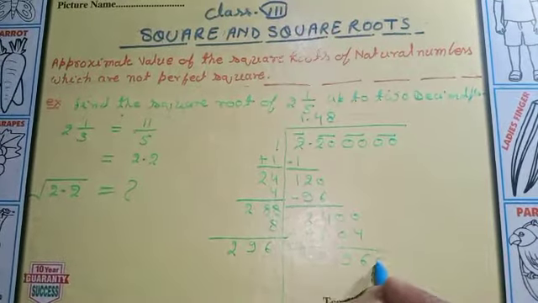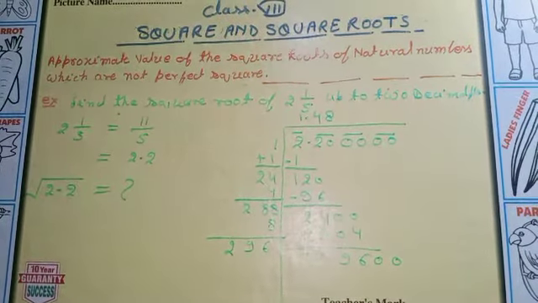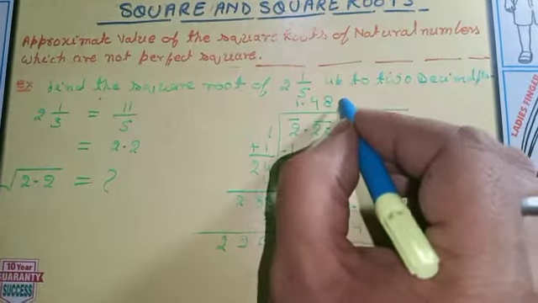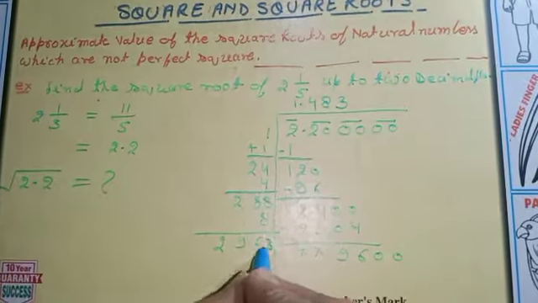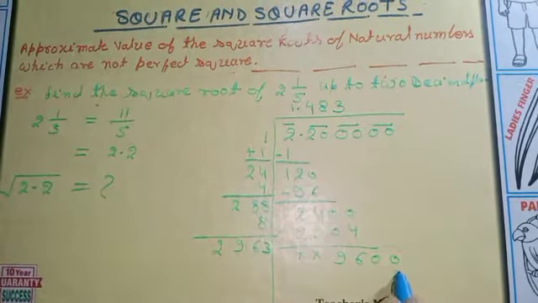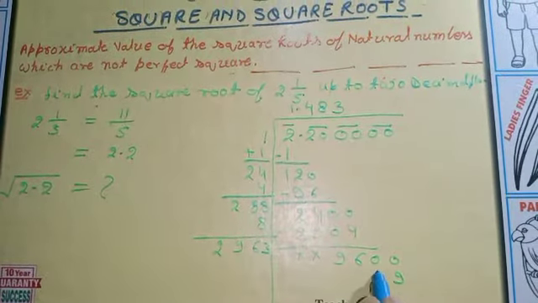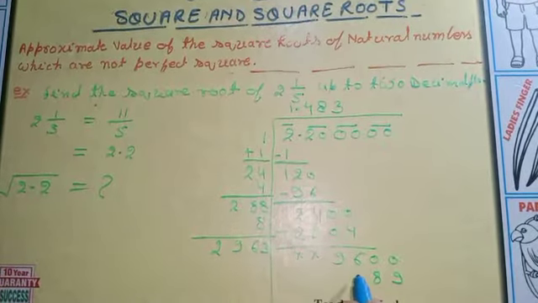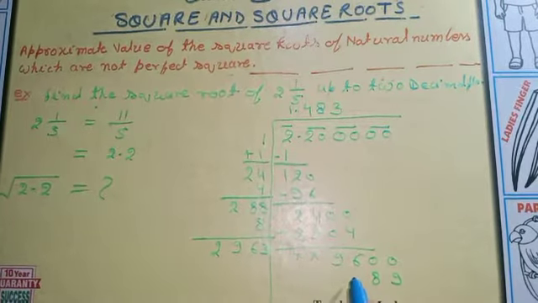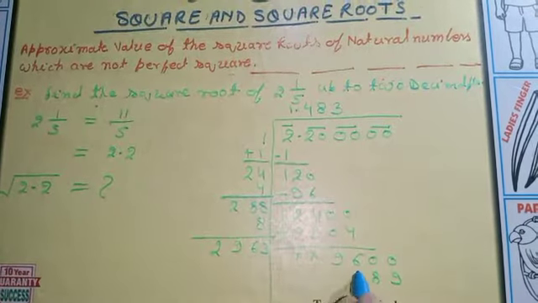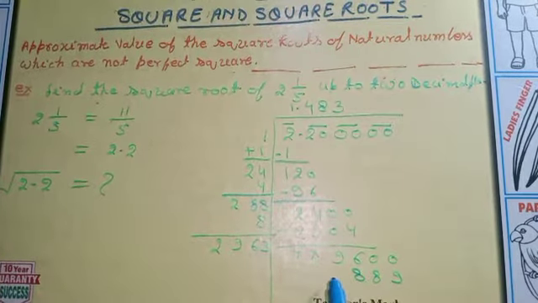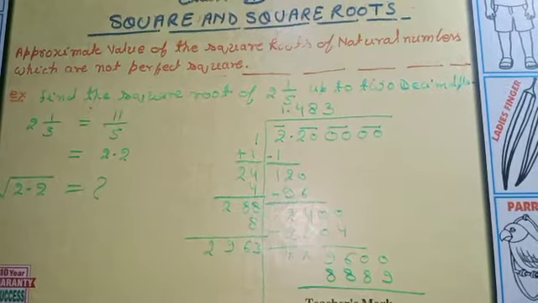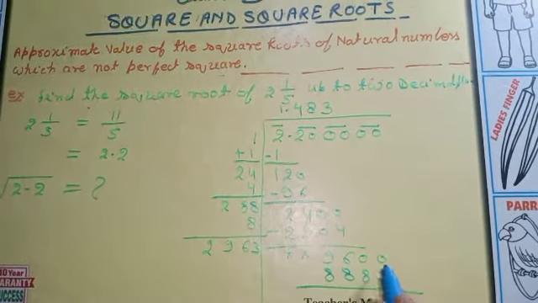Now the next 0. Now 2 times 4 is 8, means we go to 3 times. Here 3, 3 times 9, 8889. Now make subtraction.